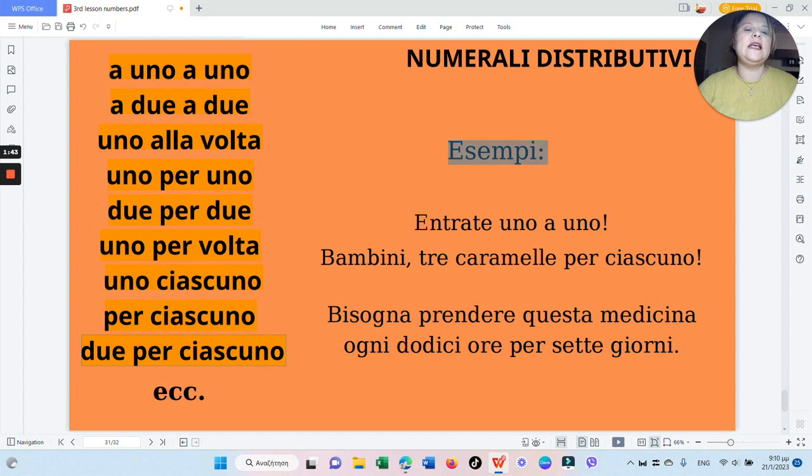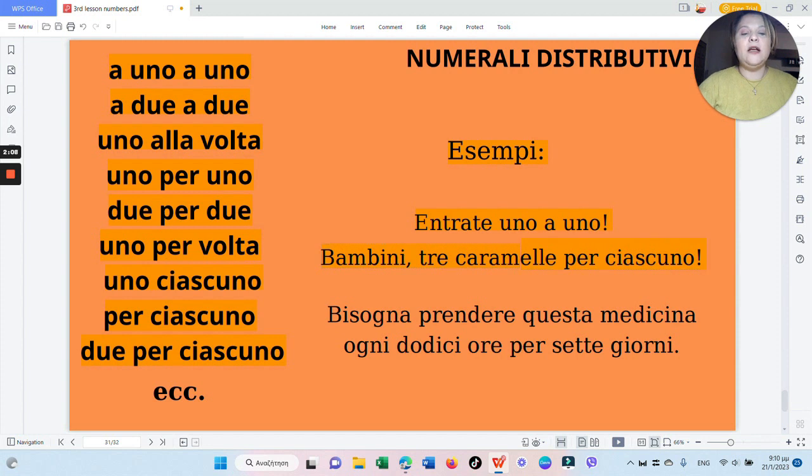Let's give some examples. Esempi, examples. Entrate 1 a 1. Enter 1 by 1. Bambini, 3 caramelle per ciascuno. Babies, 3 candies for each one of you.